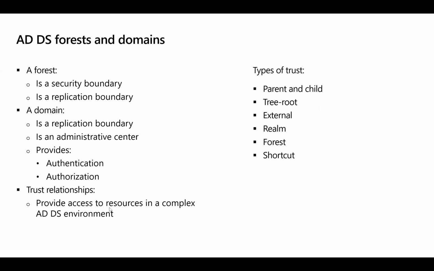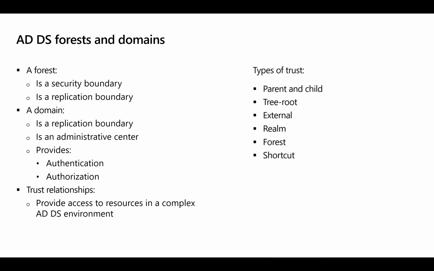Trust provides access to resources in a complex AD environment. Let's say you have two forests and you want to log into another forest. You have to set up trust. What is trust? Trust provides access to resources in a complex AD environment. There are many types of trust.